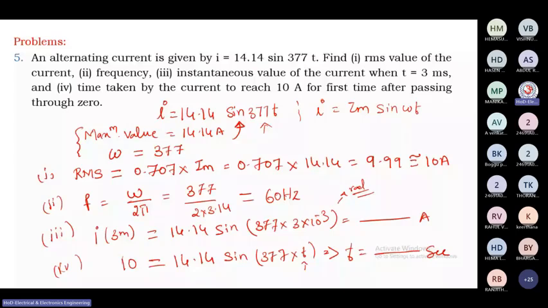So what is the third answer? That is 14.14 sine omega t. So this one, when you substitute, what is the answer? Change your calci mode to radians. 12.794 amperes.